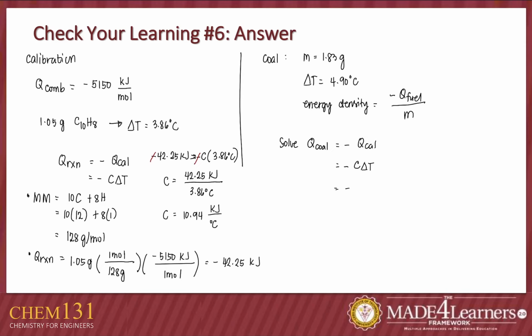So, this is negative 10.94 kilojoules per degree Celsius, and then when we burn this 1.83 grams of coal, the corresponding change in temperature is 4.9 degrees Celsius. And so, we are able to solve the heat released when we burn that coal.